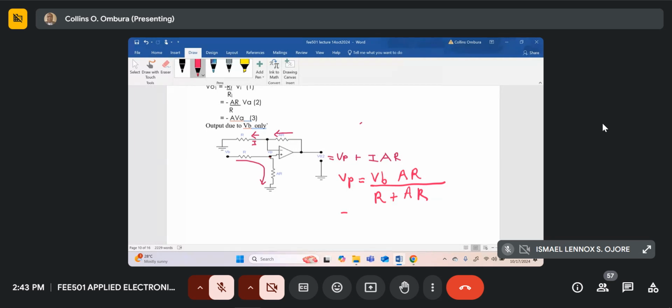Or we can write that VP is equal to VB into AR, and you can get R common in the denominator.